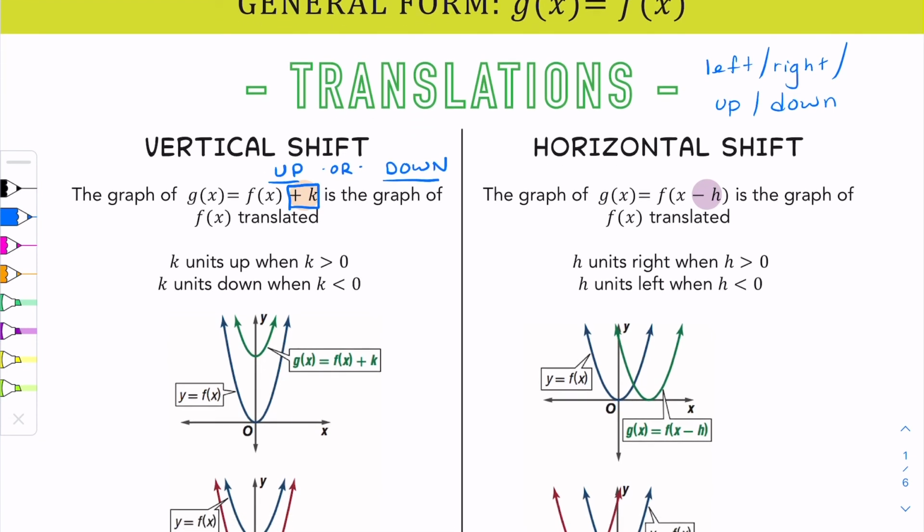So if we use the parent graph of a quadratic function, we have f of x is equal to x squared. That's your parent function. The k value is going to be +2 or something like that. So a number that's outside of the parent function. If it's a positive number, then it's going to be going up. And if it's a negative number, then it's going to be shifting down.